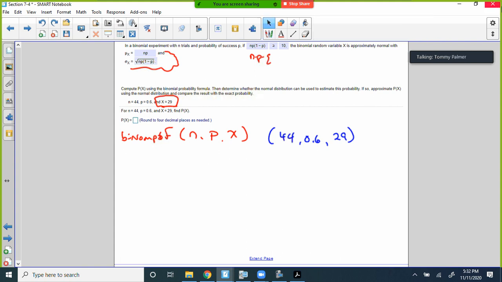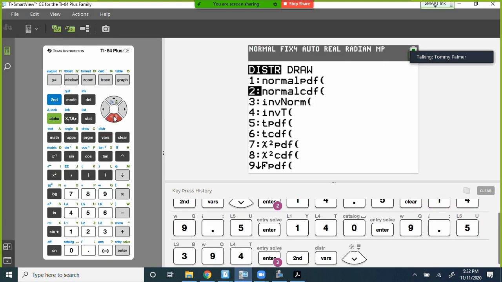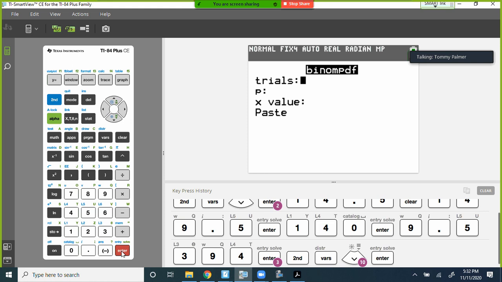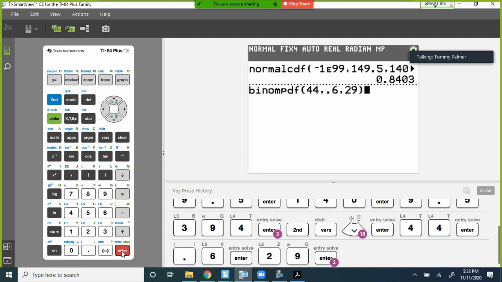Let me go here. We're going to do second vars, and go all the way down to A or B. I can't remember which one it is. A is binom PDF, so hit enter. The number of trials is 44, that's the n. The probability of success on this one happens to be 0.6. The x value that we want, and only the x value, is 29. So we type that in, we hit paste, boom.